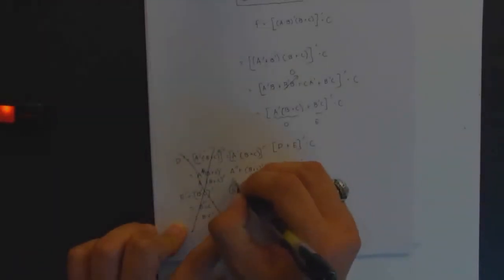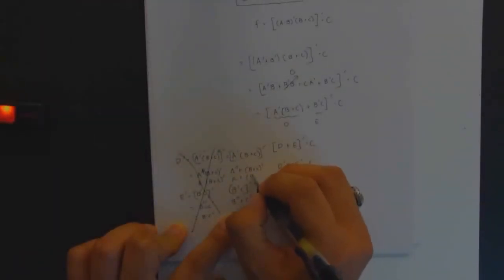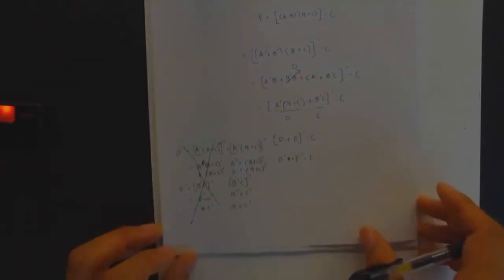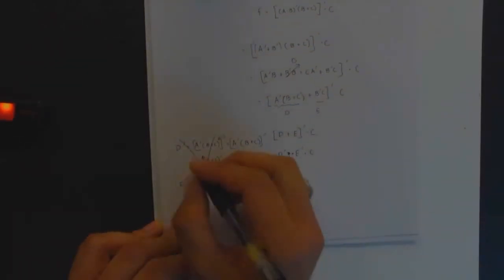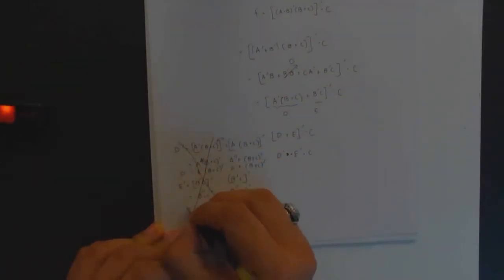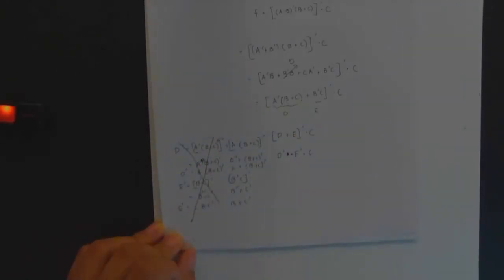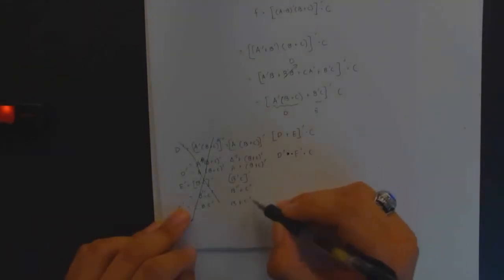So B prime, C prime, and then say B double prime or C prime. B or C. There you go. And then you can rewrite the A here. C prime. Is that better? Alrighty.